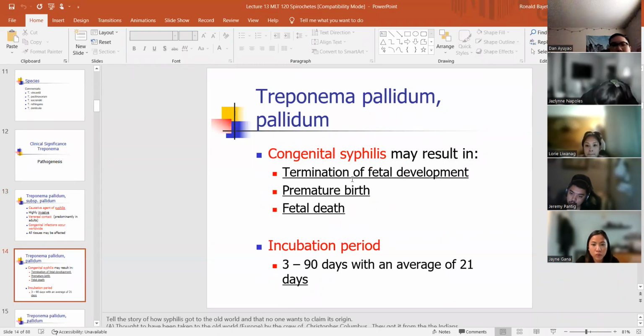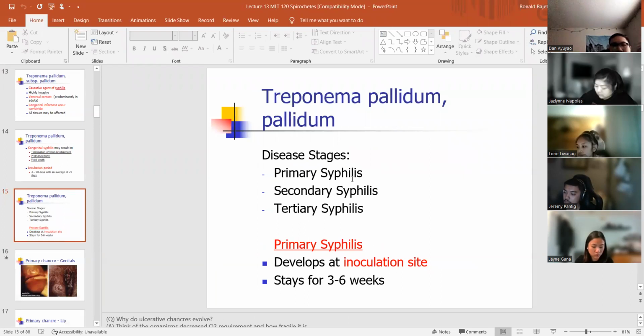Congenital syphilis may result in termination of fetal development, premature birth, and also fetal death. The incubation period for Treponema pallidum is 3 days to 3 months, with an average of 21 days.